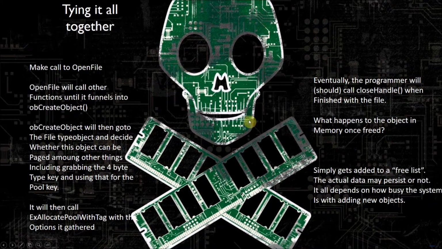So now we have all the pieces to try to put together what resources this process has. Let's walk through some code, or some pseudocode, to see what happens to allocate these objects. First, the programmer makes a call to open file. This open file will call a bunch of different functions until it all eventually funnels into ObCreateObject.